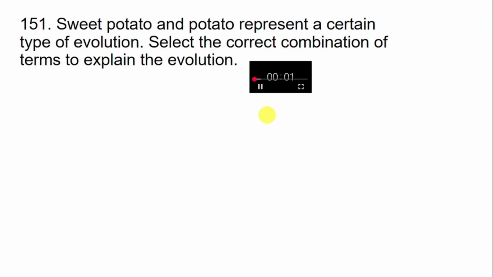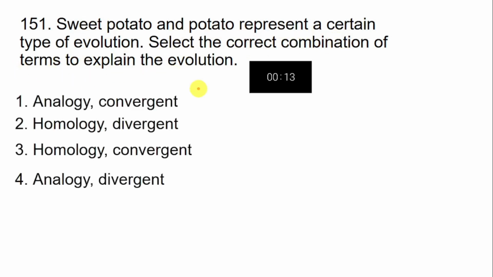Next question. Sweet potato and potato represent a certain type of evolution. Select the correct combination of terms to explain the evolution. So see, sweet potato is the root, and potato is stem. So the origin is different, but the function is to store.